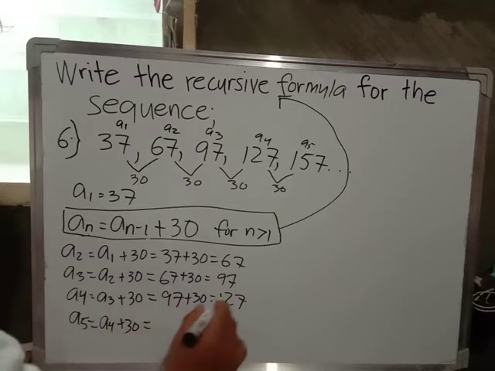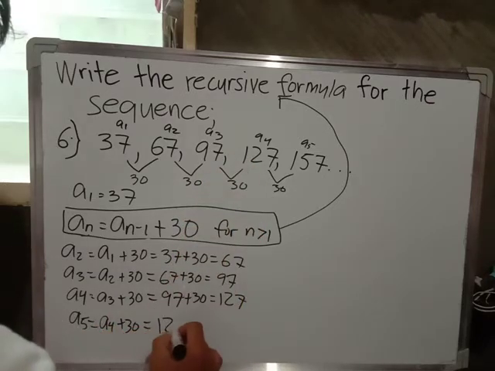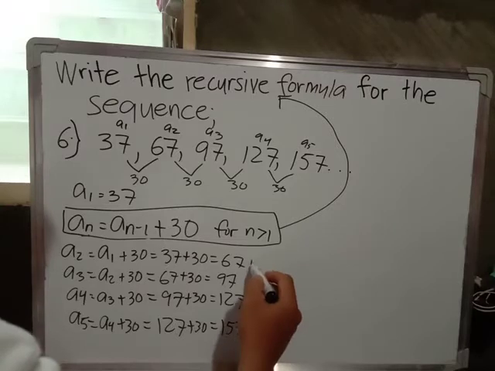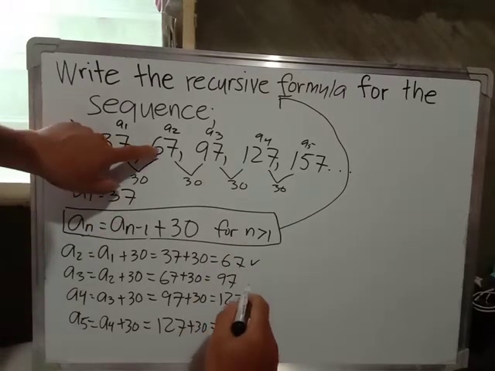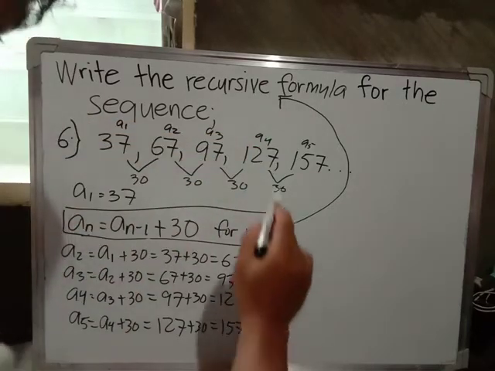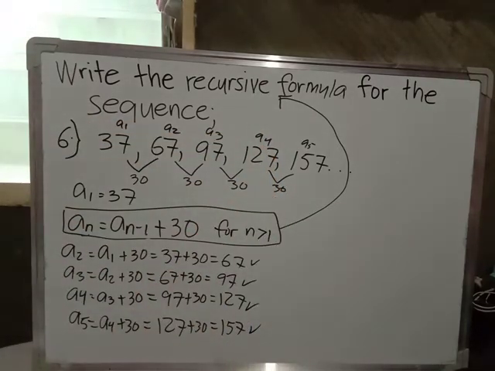E4 natin is 127 plus 30 is equal to 157. So E2 is 67, E3 97, E4 127, E5 157. Ganun lang po kadali ang paghanap ng recursive formula.